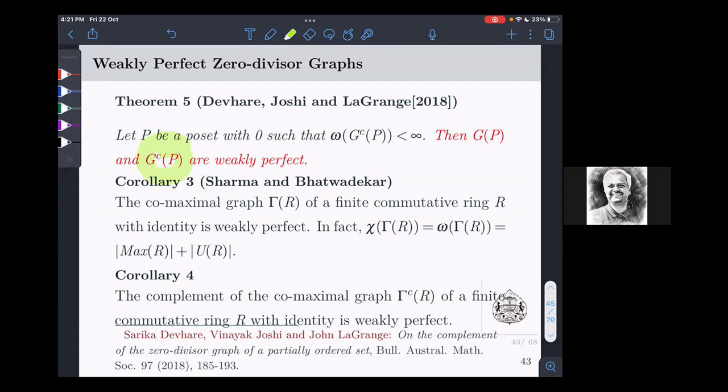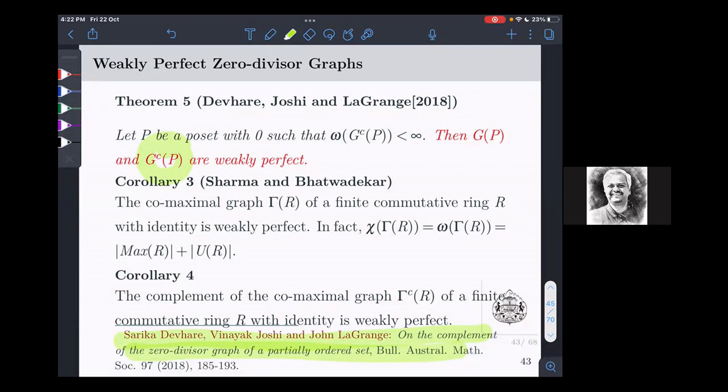So this paper is completely based on that result only. A complete paper is there to prove that the complement of the zero divisor graph is weakly perfect. It took a lot of effort to prove this part, but ultimately we were able to. Because of that, intersection graphs, I think I was not present actually, Professor Shamik Ghosh talked about the intersection graphs, right?